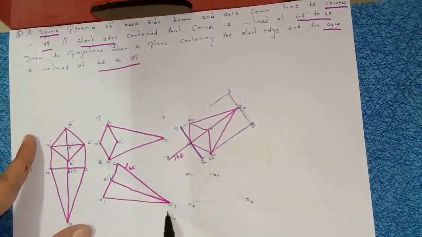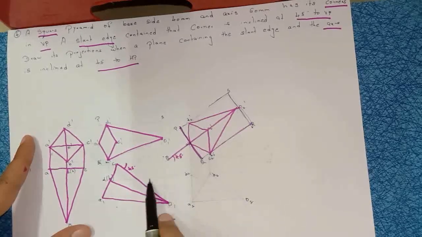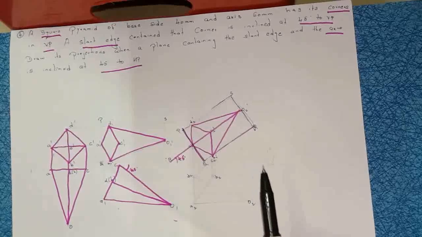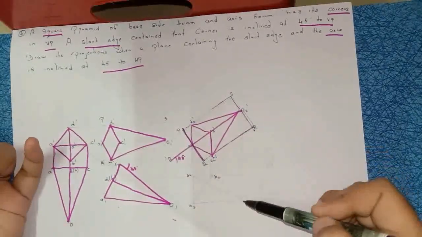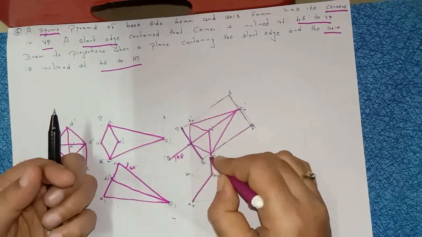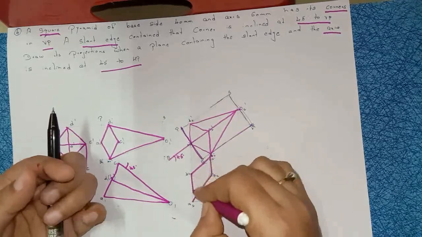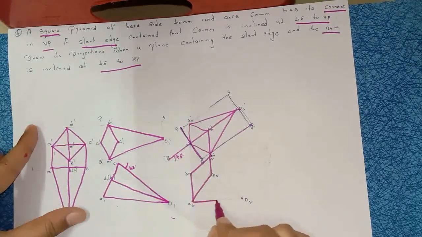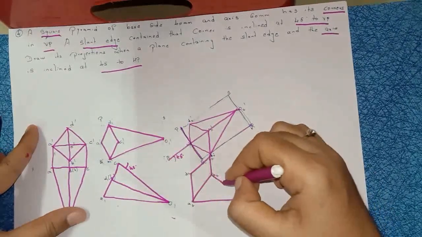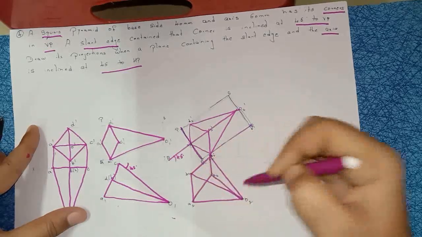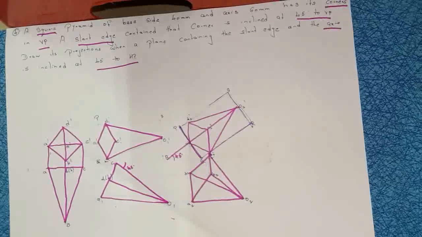After drawing, what we have to do is, from every corner again draw the horizontal lines, from A to A, from B to B, from C to C, from D to D, and last from O to O also. If you join all of this, A, B, C, D, you will get the square, and this is the O point. Join O to A, O to B, O to C, and O to D. This is your square pyramid.